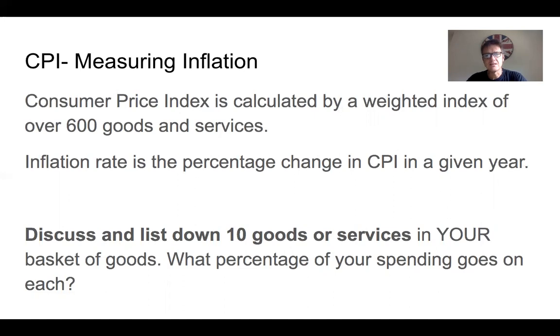Of course, what we tend to do as consumers is spend more on some things than others. We might very rarely buy caviar, but we might commonly buy eggs. So it doesn't make sense that they should both have equal representation in the CPI.